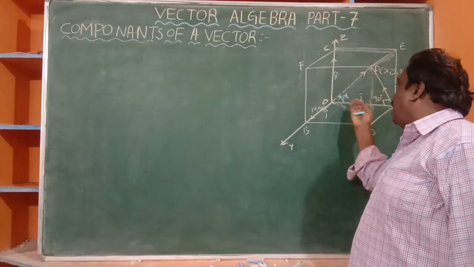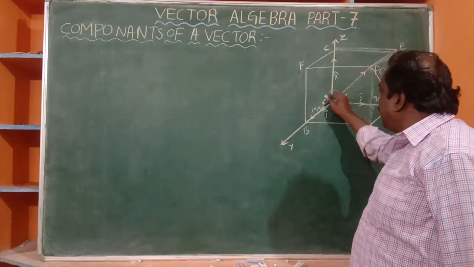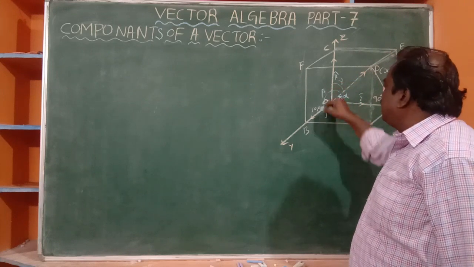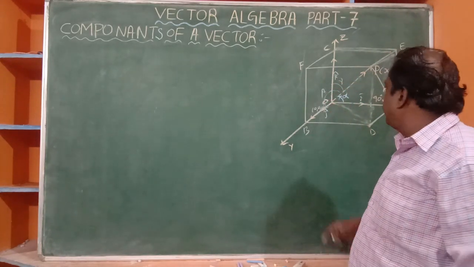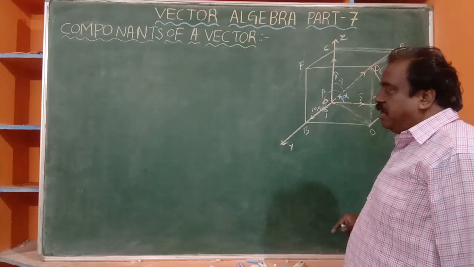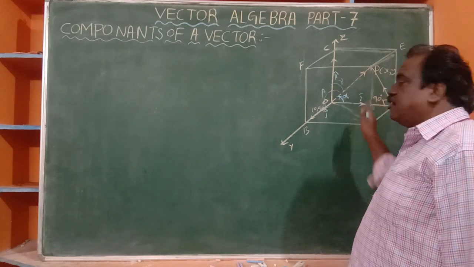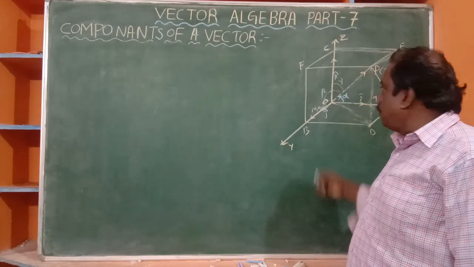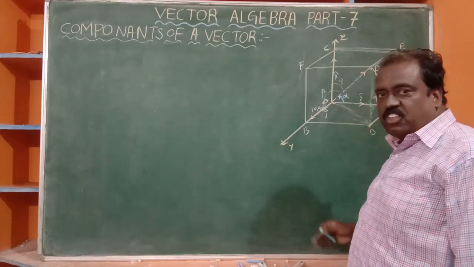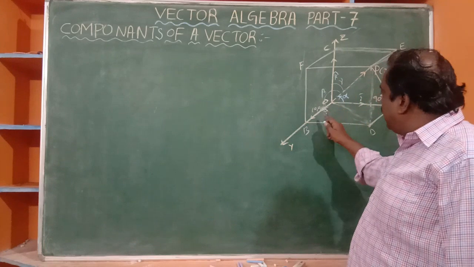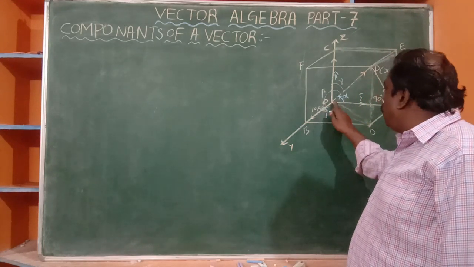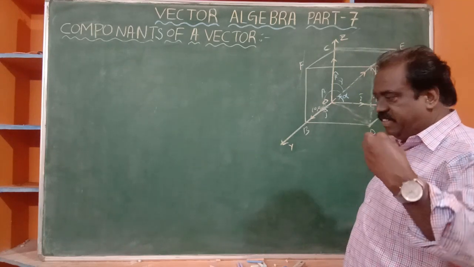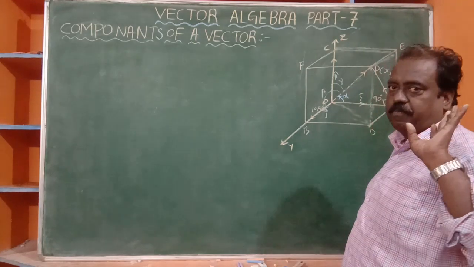That is, alpha is 0, beta is 90, gamma is 90. Suppose the OP line lies on the y-axis, then beta is 0, but alpha is 90, gamma is 90. That is a different case, leave it out.